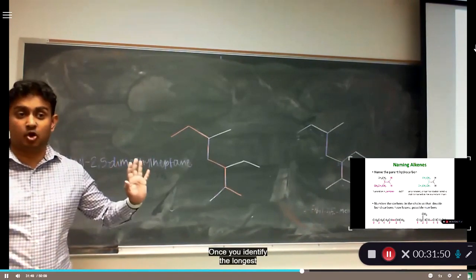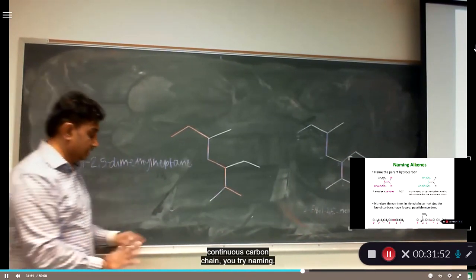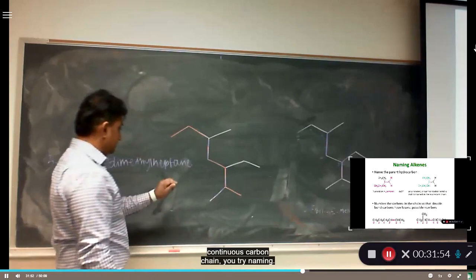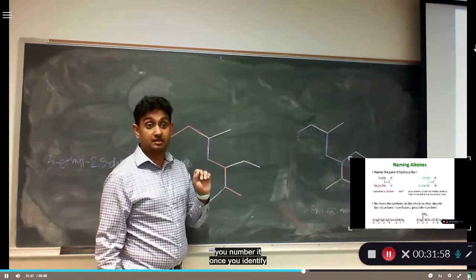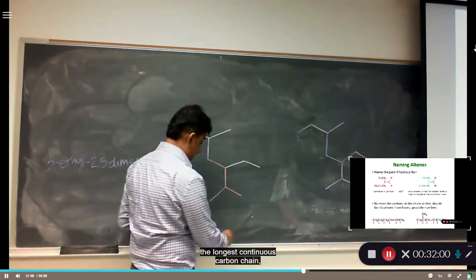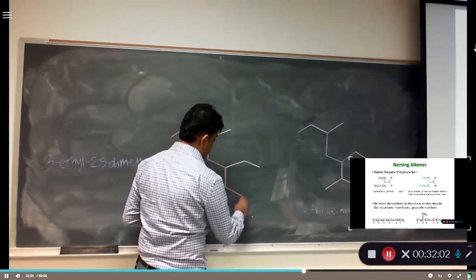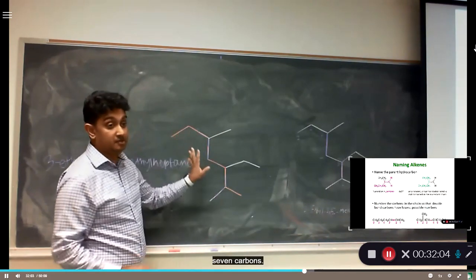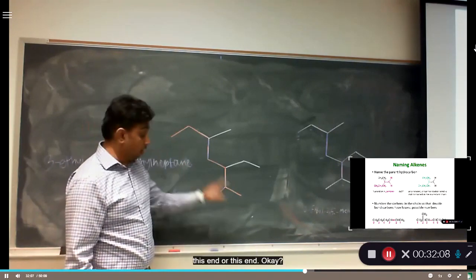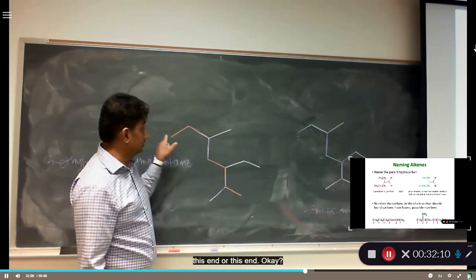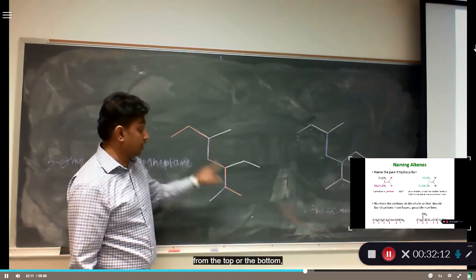Once you identify the longest continuous carbon chain, you number it. So this will be 7 carbons, but you have 2 choices. You can start numbering from this end or this end. Okay, you can start numbering from the top or the bottom.